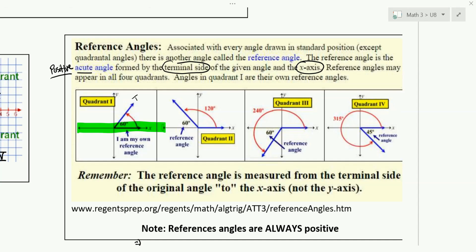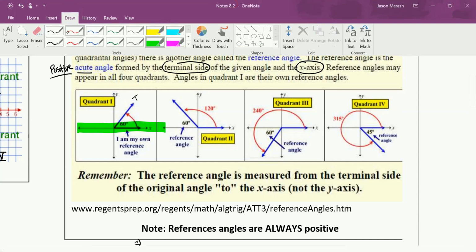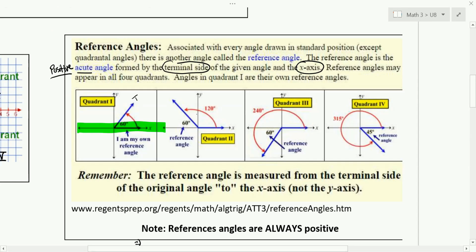In the second one right next to it, 120 degrees goes all the way to quadrant 2. But 120 is not our reference angle. That's bigger than 90 degrees. Here's our terminal side. Do I go to the y-axis? No, we go to the x-axis always. So I go here, and you see that angle between is 60 degrees. 60 would be our reference angle.